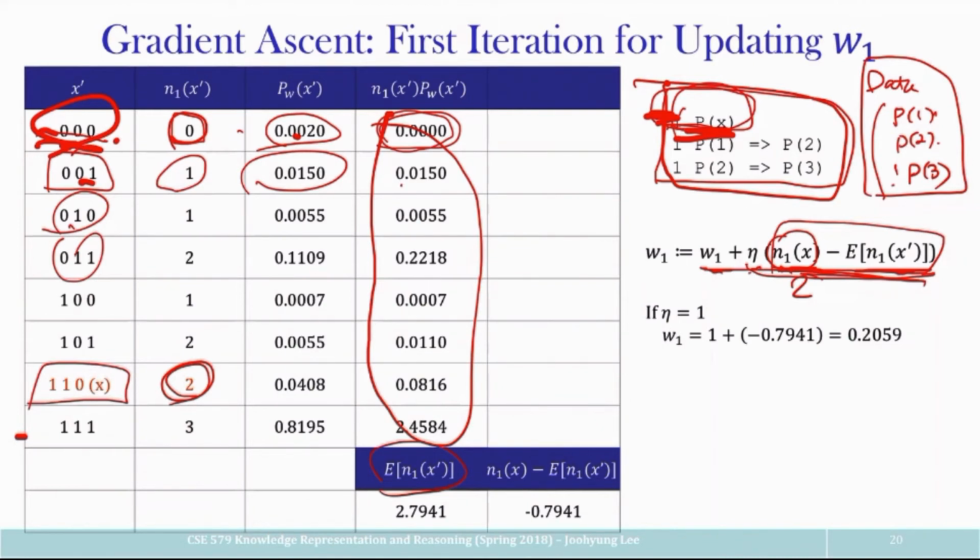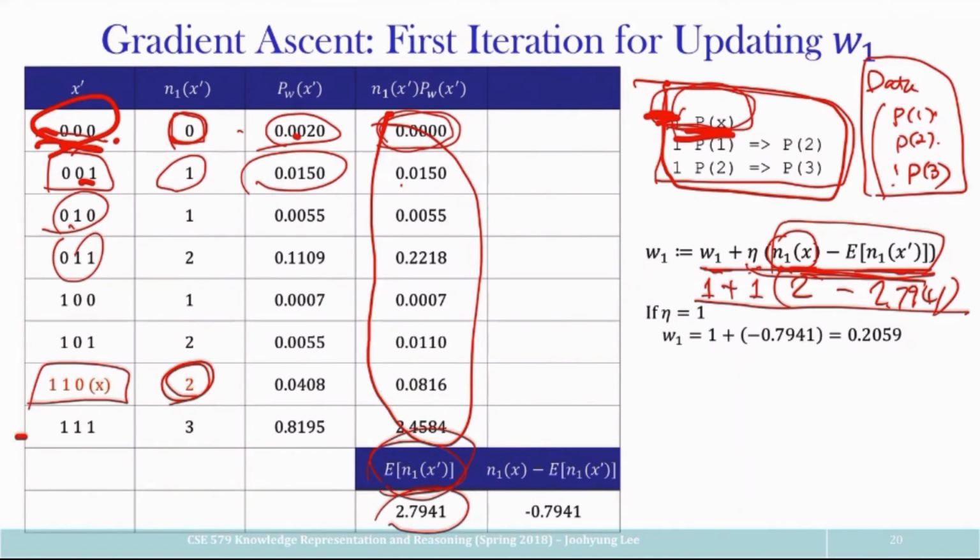So if you add up everything here, that's the expected value of N1, and that is 2.7941. Assuming that eta is 1 and the initial value of W1 was 1, this is the value that you are going to compute, and this determines the next value of W1. Are we together? Yes.